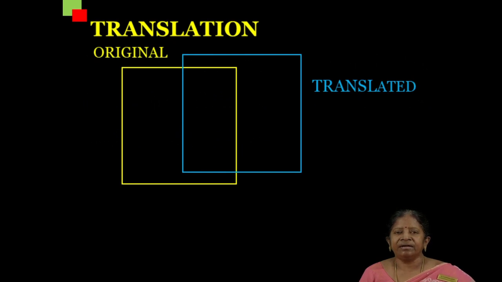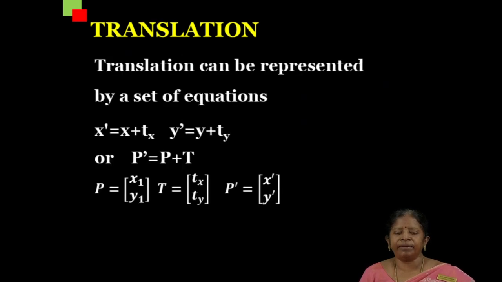So, here is an illustration of the translation. We can translate the object along the horizontal direction, vertical direction, or you can move it diagonally. Anything is possible with the help of the translation factors Tx and Ty.